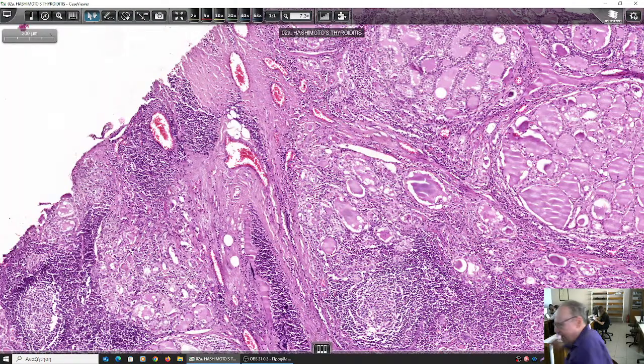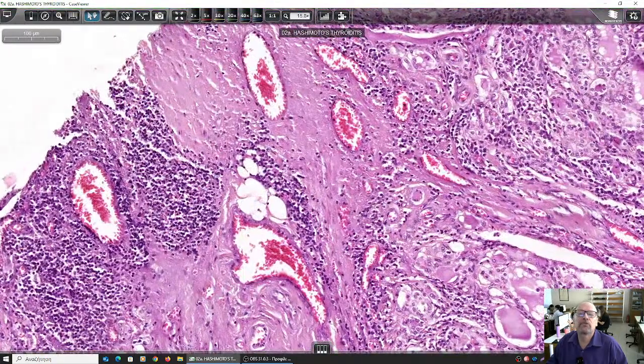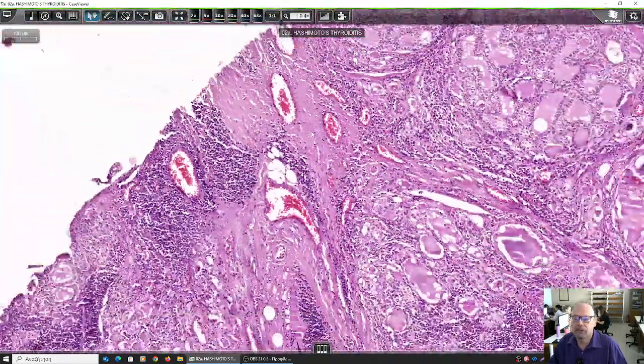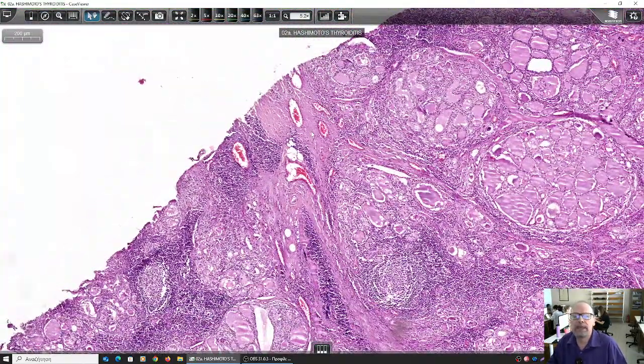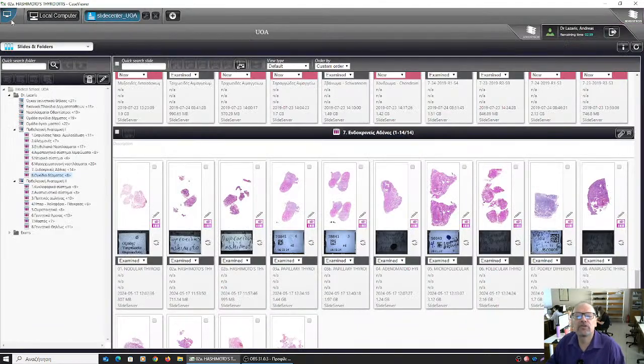Scar tissue, yes, fibrous tissue. Here it is. Here is scar tissue. You see? Acellular. This is just collagen, acellular tissue. Scar tissue is going to replace the whole thyroid gland in the advanced stage.